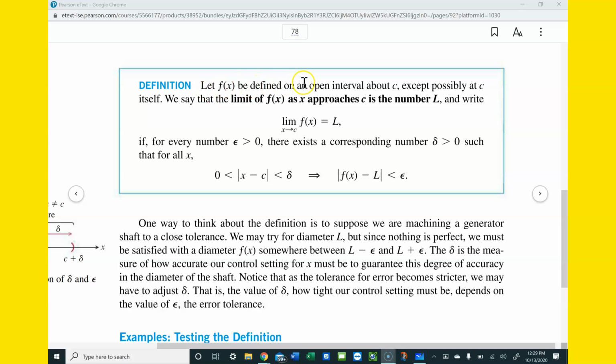Let f of x be defined on an open interval about c, except possibly at c itself.